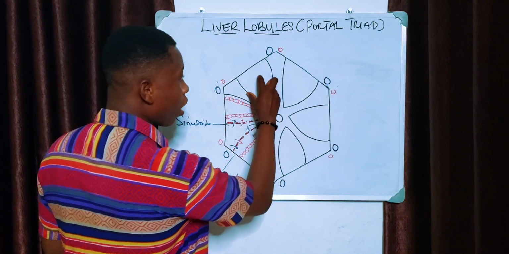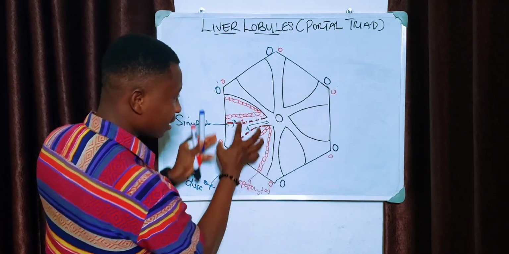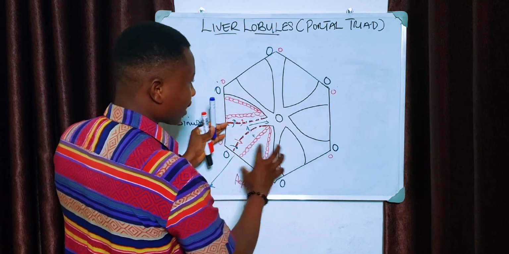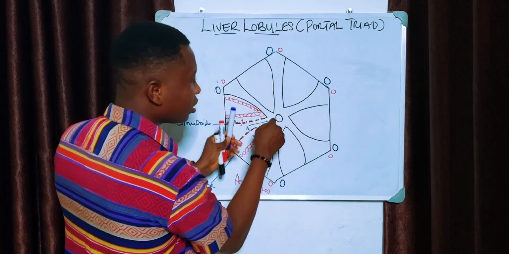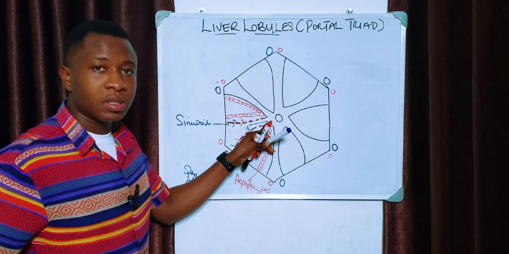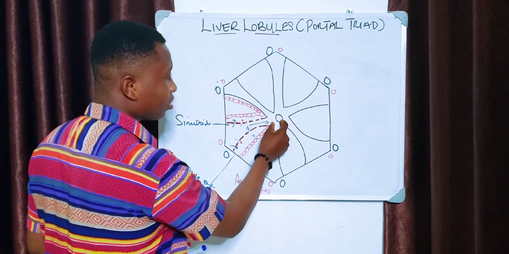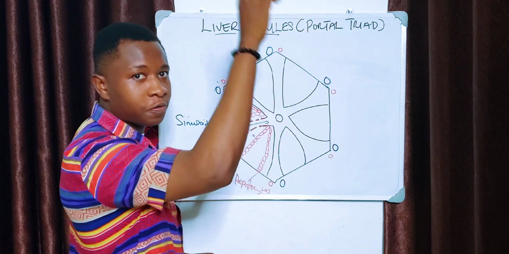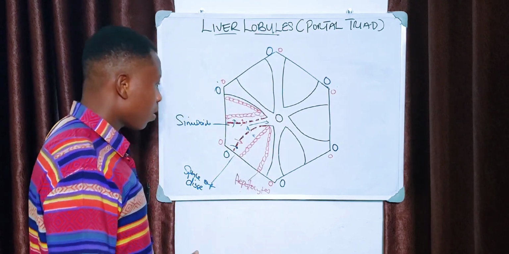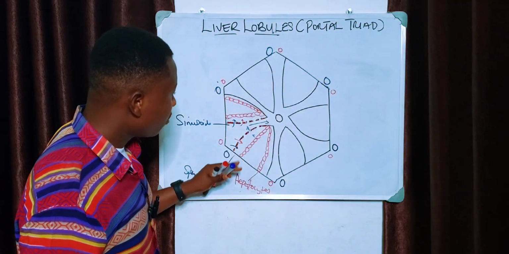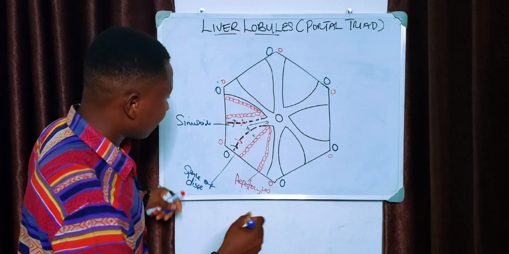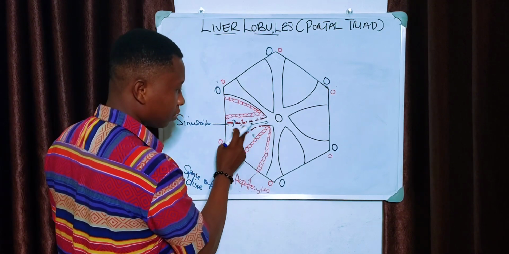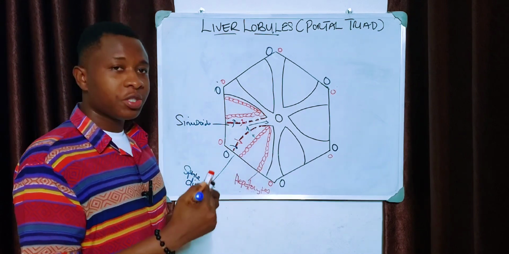Remember, every portion has these structures. So every activity that happens in every part empties into this space. It empties into this vessel that takes it to the hepatic portal vein that moves to the heart. All right. So what happens here is that most of the substances that move do not move in the opposite direction.